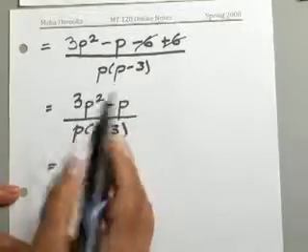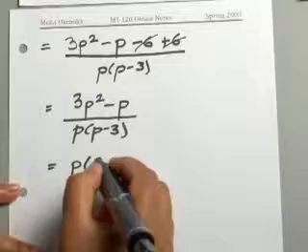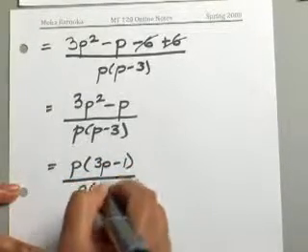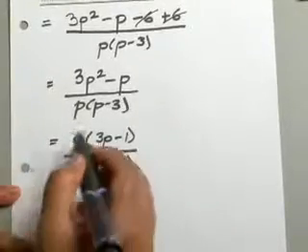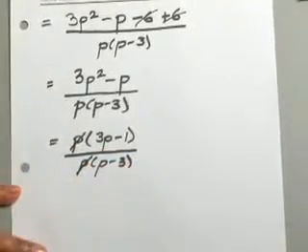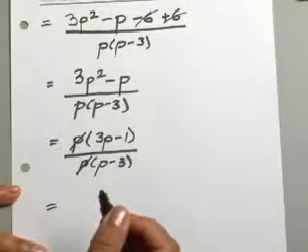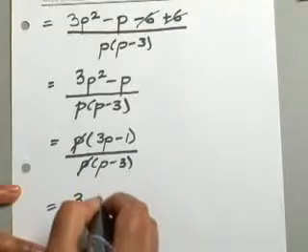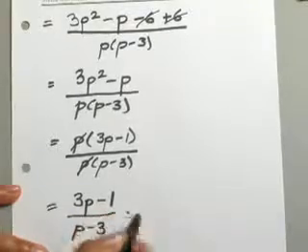So you have a p common between your numerator. Go ahead and pull that outside, which leaves you with 3p minus 1 over p times p minus 3. And you will see that once we factor this out, our two p's on the numerator and denominator will cancel out. And in lowest terms, this expression will be 3p minus 1 over p minus 3.